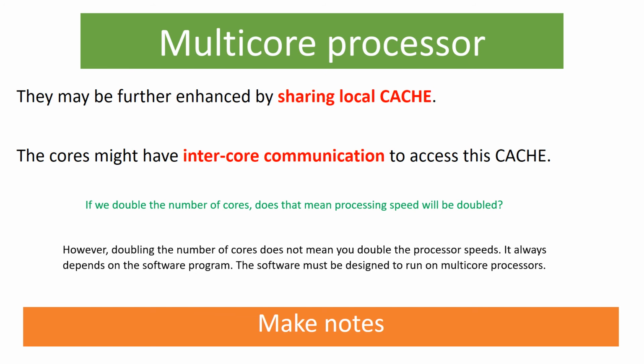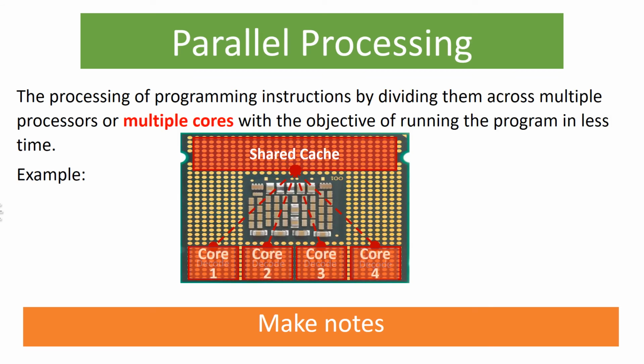It gives us the advantage of parallel processing, which means each of the cores can be processing, fetch, decode and execute data or instructions at the same time. So this is maximising our resources. We should know this word already, but parallel processing is the use of multiple cores running the same program in less time.